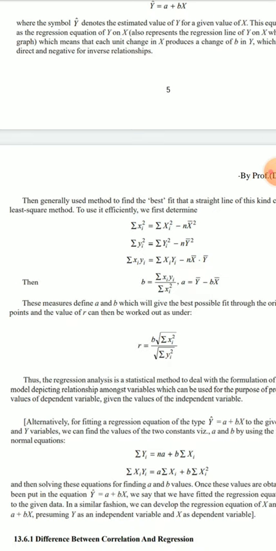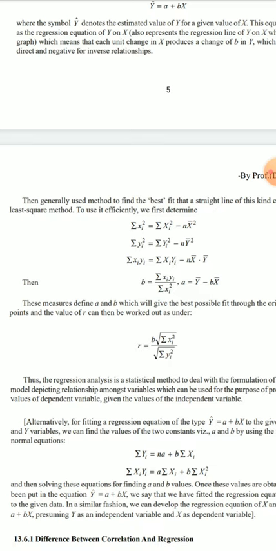Second point: correlation is independent of changes of scale and origin, whereas regression is independent of origin but not of scale.